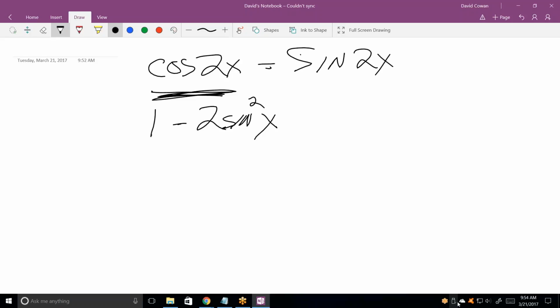Or it's cosine squared minus sine squared x. I can put it all in cosine squared also. The reason there's 3 identities for this is so you'll have all 3 options available when you need them. The question is, sine of 2x is 2 sine x cosine x. Is it not? Yeah.